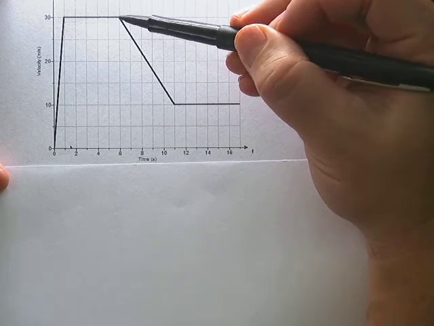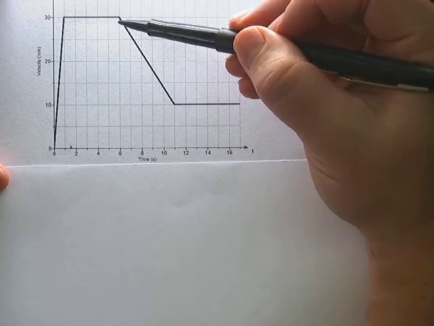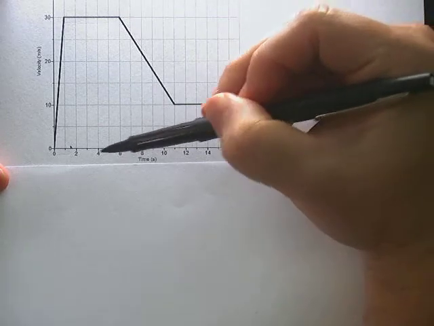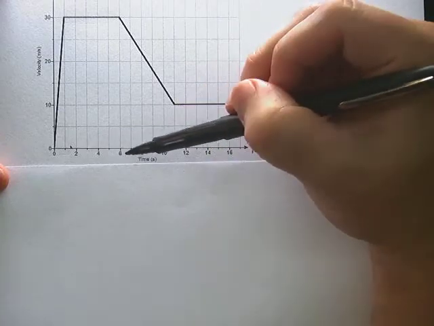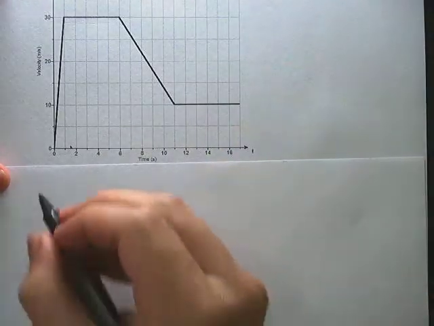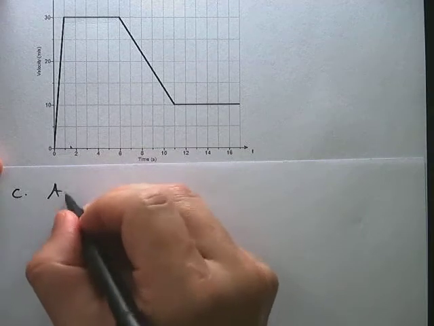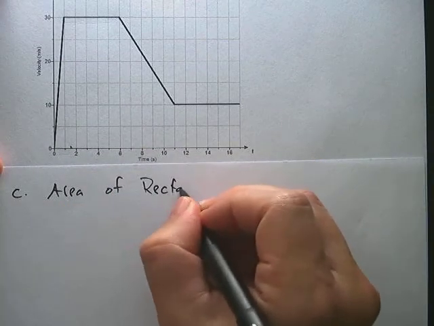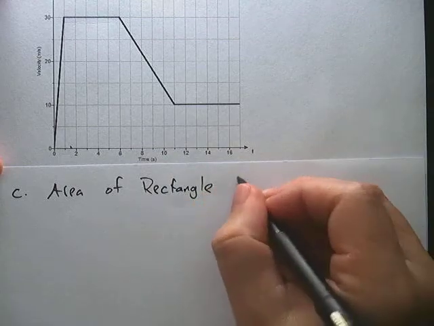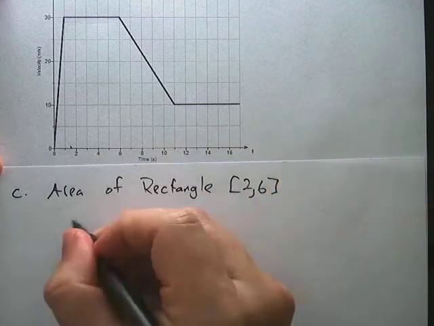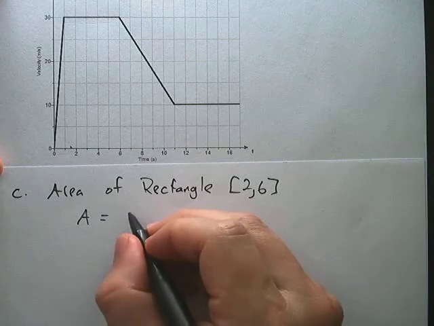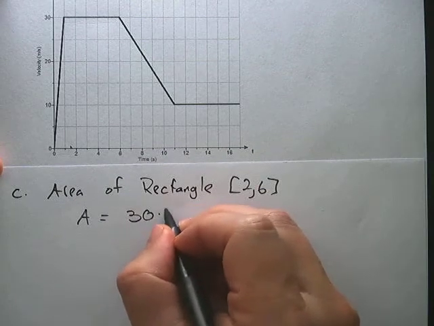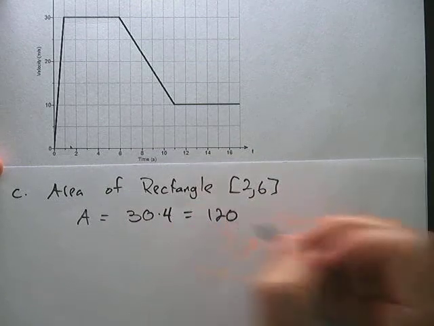The height of that is 30, and the length, 6 minus 2, is 4. So for C, the area of the rectangle from 2 to 6 is equal to 30 times 4, which is 120.